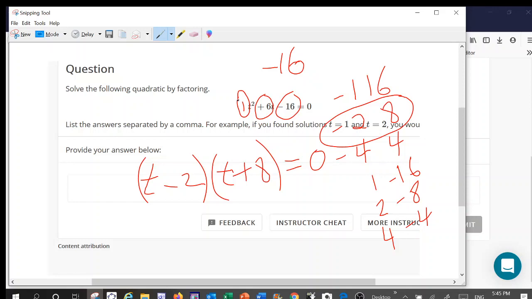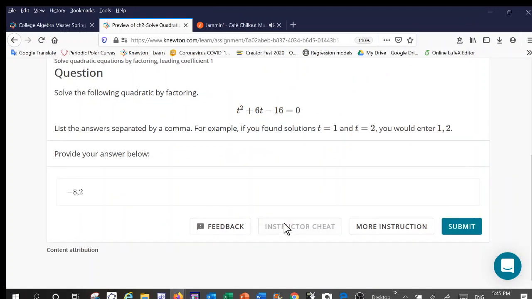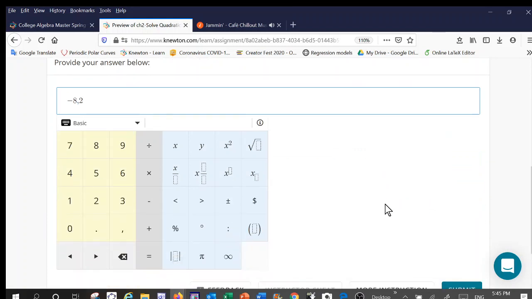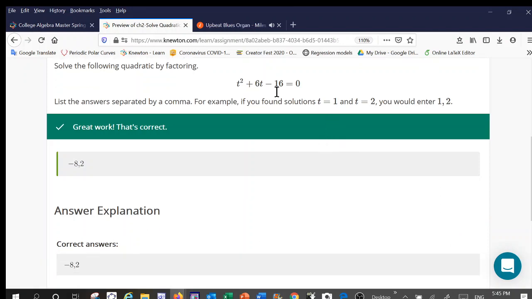So either t equals 2 or t equals -8. All right, so we got two answers, and then you have to separate them by a comma. -8, 2. So that's how we do these problems.